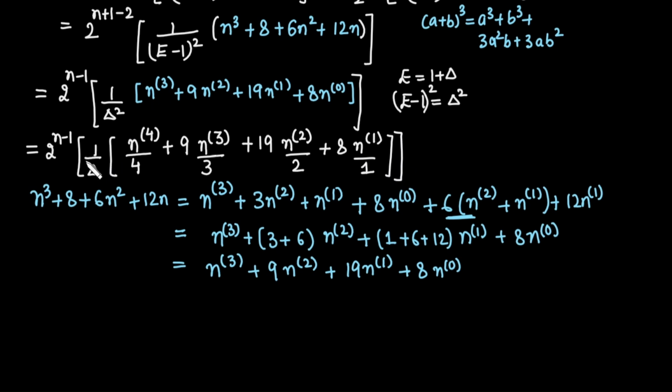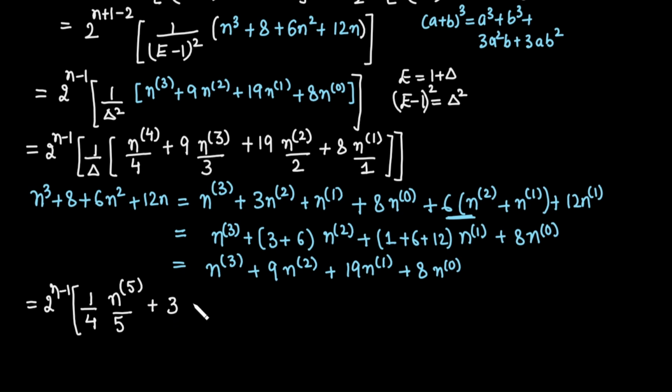Moreover, we have 1 by delta more here. So again we need to take its integration. So we can write 2 raised to power n minus 1. Take its integration, 1 by 4 outside. This is n raised to power 5 factorial polynomial by 5 plus 9 by 3 is 3.